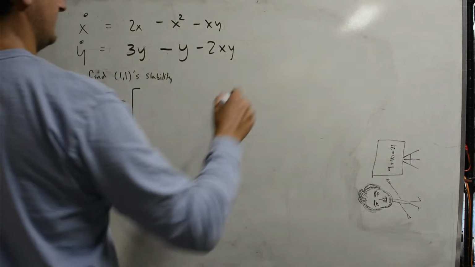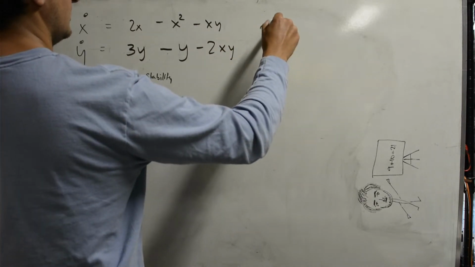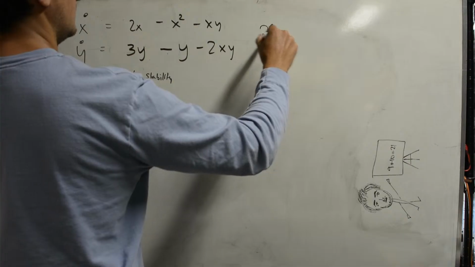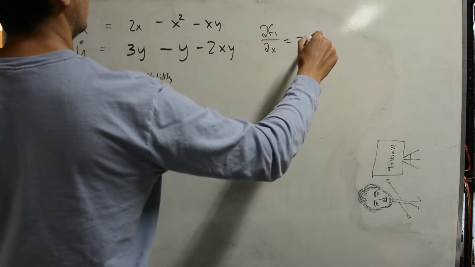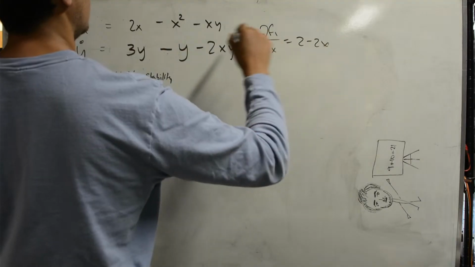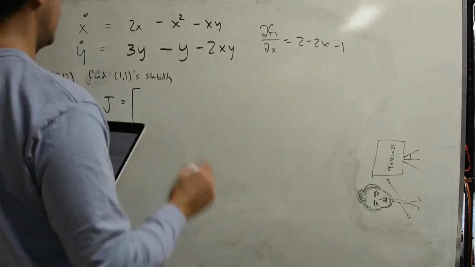Okay, so partial f1 partial x is equal to 2, right?